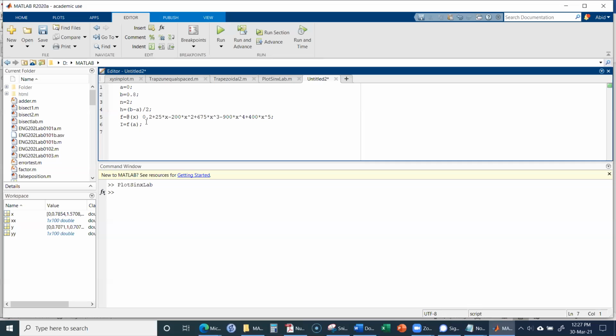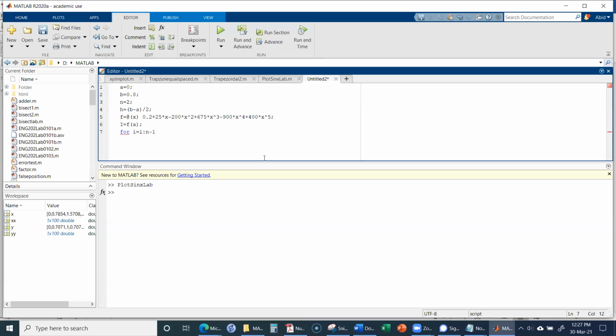So for this, I can use a for loop, where I is the counter of the loop, with I going from 1 to n minus 1.